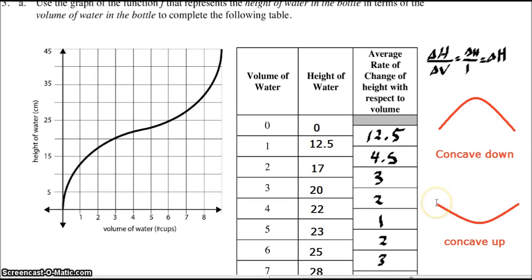But here, with concave up, our steepness is negative, our slope is negative, it becomes 0, then we increase. So for concave up, the rate of change is increasing, and for concave down, the rate of change is decreasing.